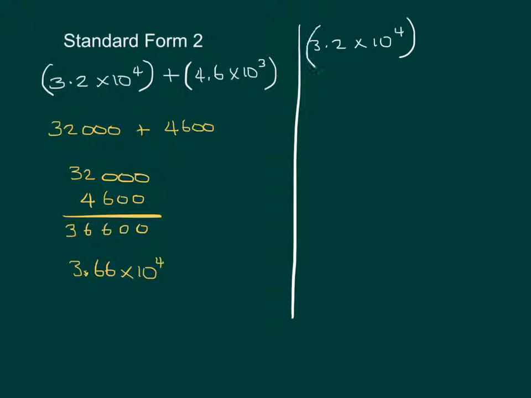What I'm going to do now is change this number to have a power of 4. But before I change that number, there's a trick I need to show you first. If I move my decimal point to the right, that decreases my power, and if I move my decimal point to the left, it increases my power.